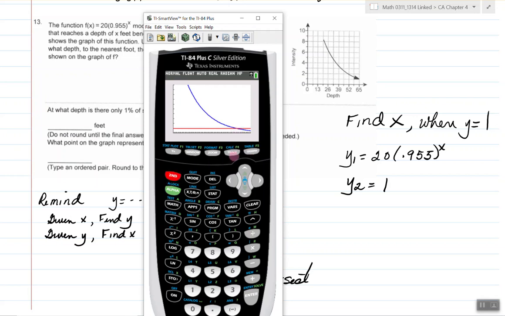So second of the calc, number 5, intersect. And I get that the depth is approximately 65 feet.